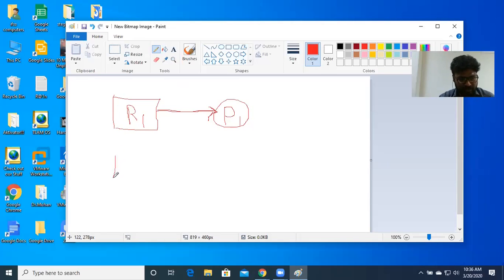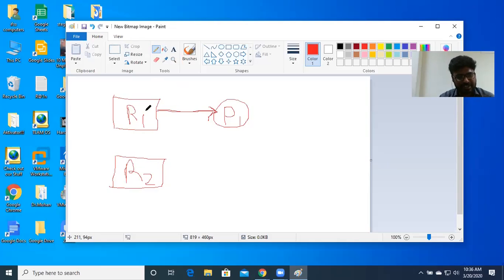The same way, I am going to draw another resource with the name R2. Okay, R2. Please assume this as R2.